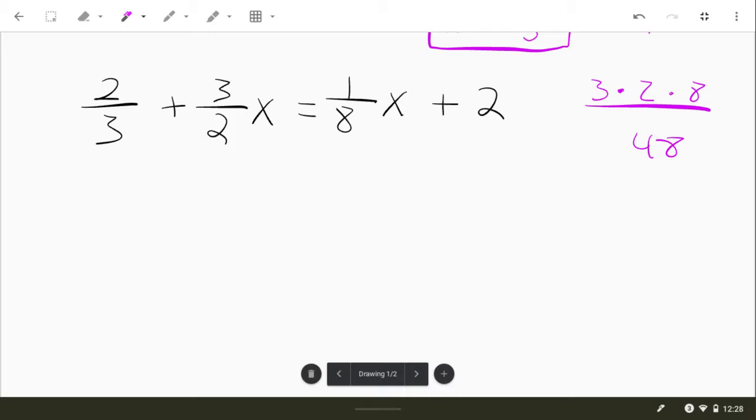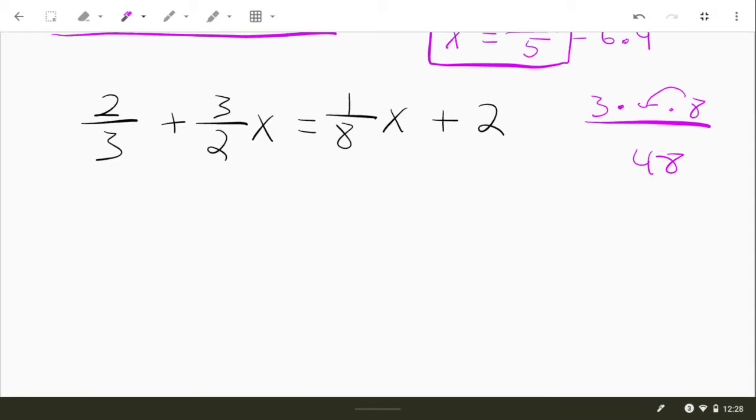But there's a smaller number that will work. See, I don't actually have to include this 2. And the reason why is because the 8, I always say the 8 covers the 2. So you could multiply by 48 if you want to, but it's just going to be bigger numbers. It turns out 3 times 8, which is 24, that's going to do the trick for this equation.